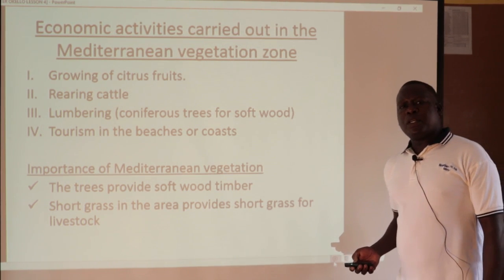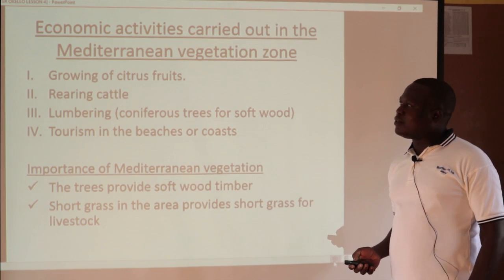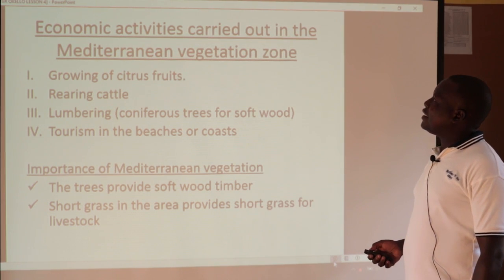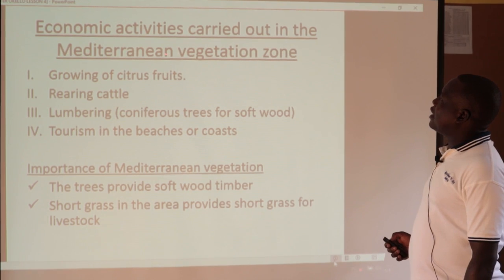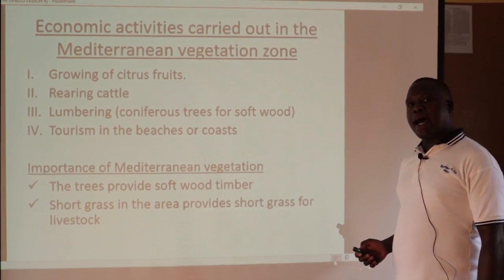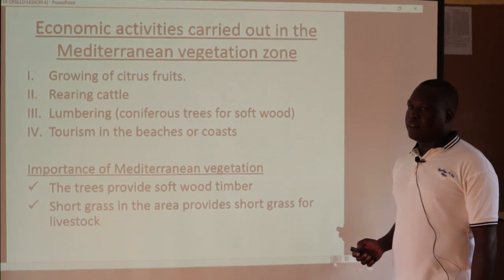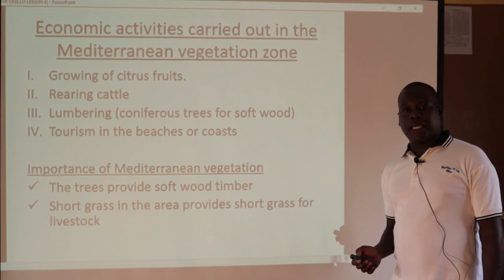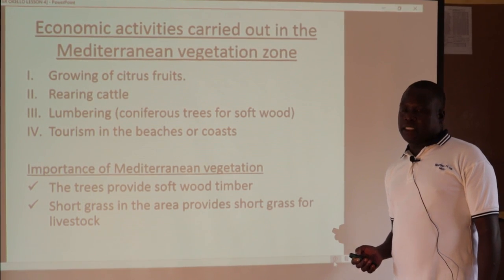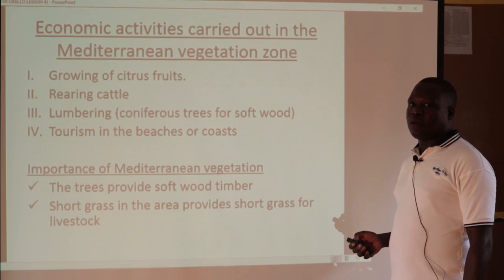Now, people who live there, which economic activities do they carry out? Here are the economic activities carried out in the Mediterranean vegetation zone. Remember, at first I told you that growing of citrus fruits is the major economic activity carried out there. We also have rearing cattle.